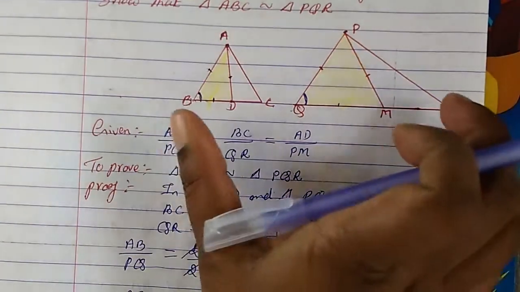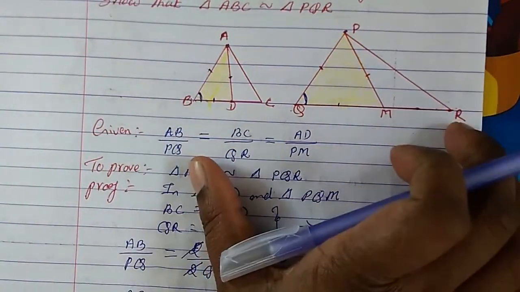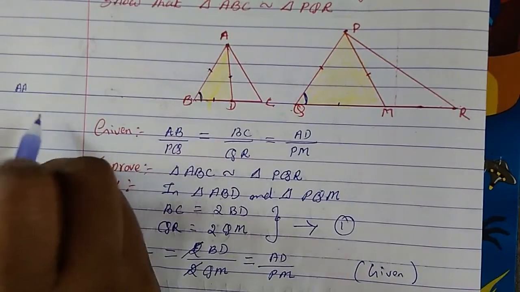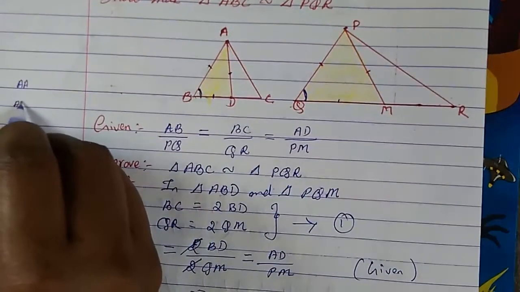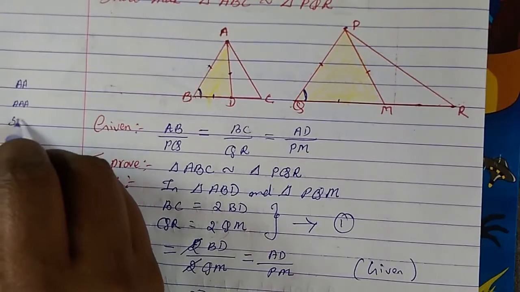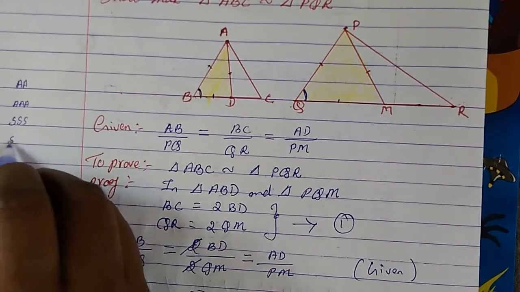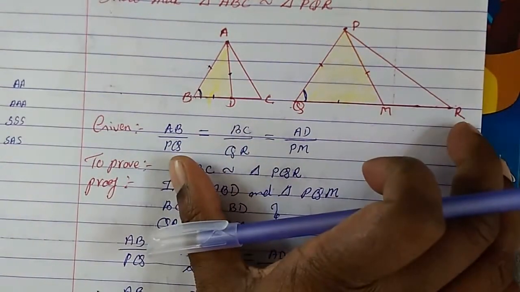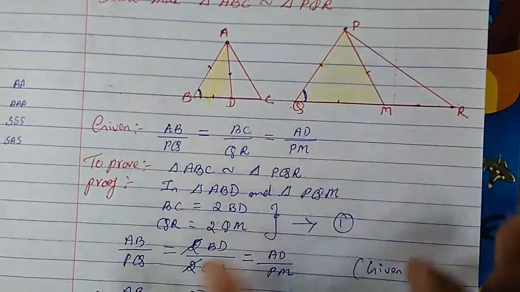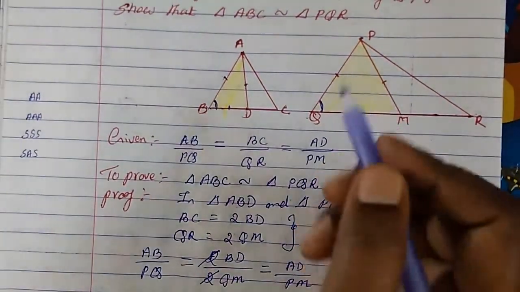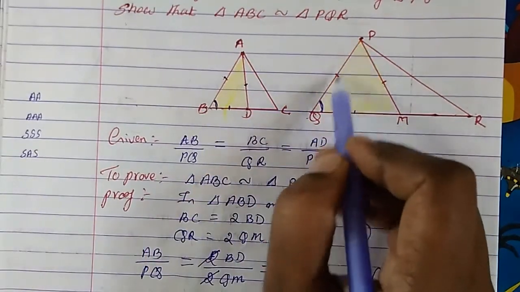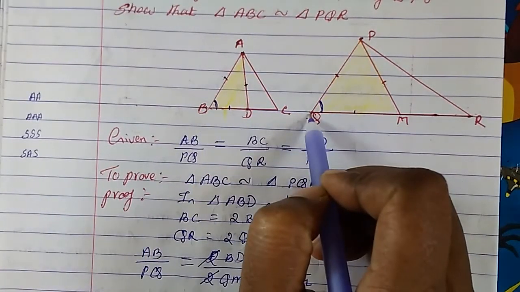So now to prove that both the triangles are similar, we have either angle criteria, or side, or side angle side. These are the options we have where we can prove that both the triangles are similar. So now let us see what things are matching here. We have already been given that the ratio AB upon PQ is equal.